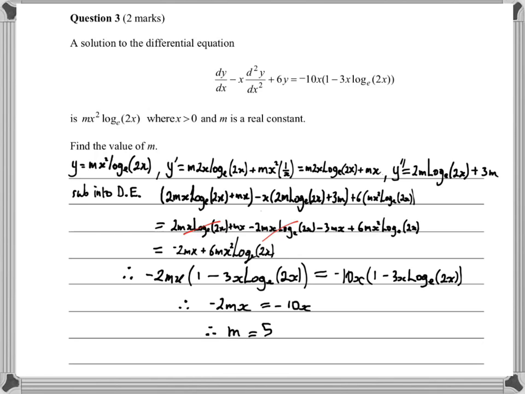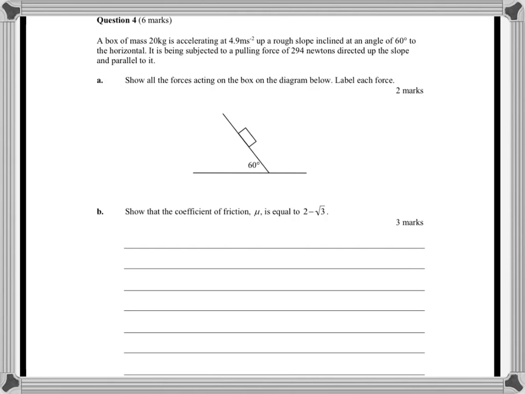So, what do you think? Let's have a look at the next question. So a box of mass 20 kilos is ascending, going up, accelerating at 4.9 meters per second squared up the rough slope. Rough slope meaning we've got some friction at an incline of 60 degrees to the horizontal.